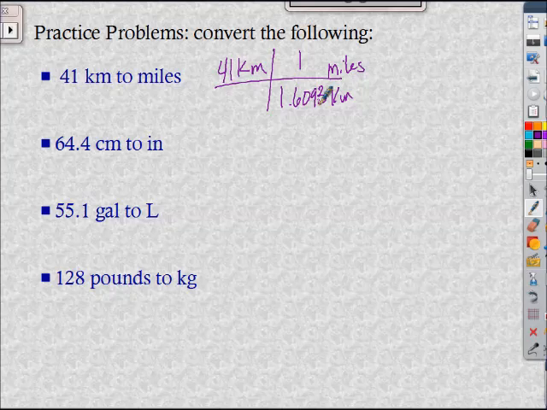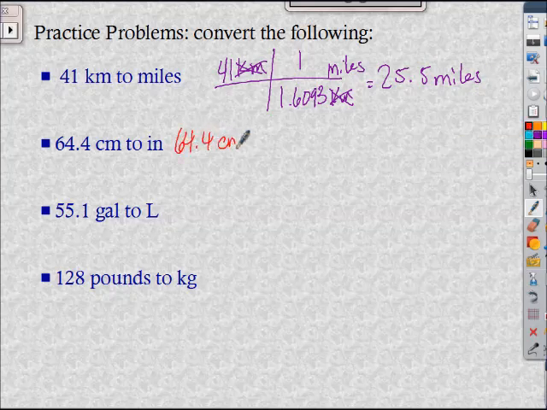Okay? So I'm going to take 41 divided by 1.6093, and that's going to equal 25.5. Kilometers are gone. Miles. Okay?